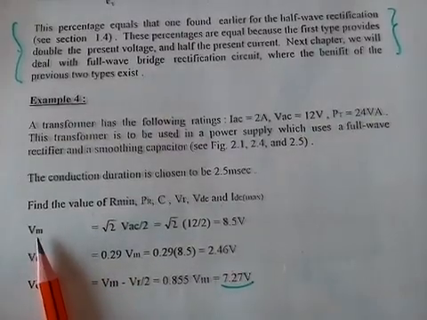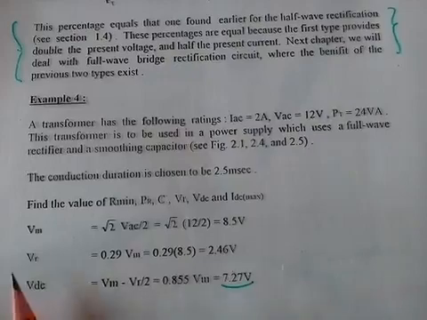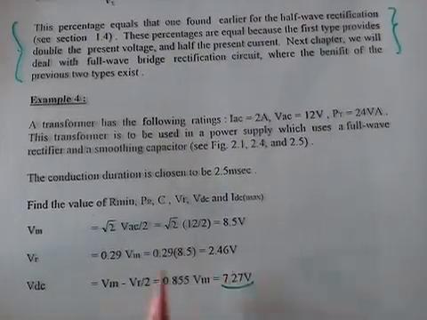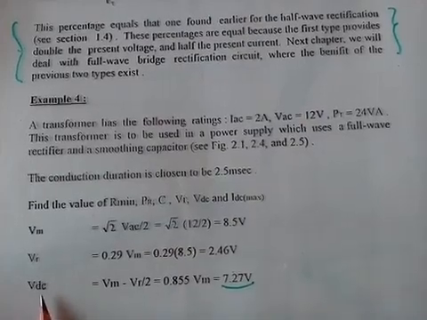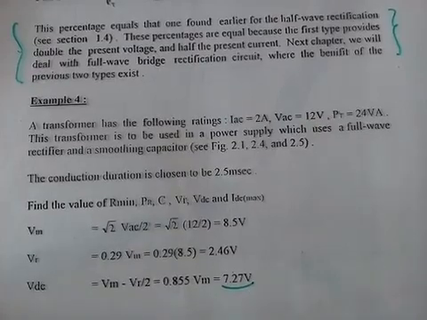So the maximum voltage will be equal to 8.5 volts. The ripple voltage equals 2.46 volts. The VDC will be equal to 7.27 volts.